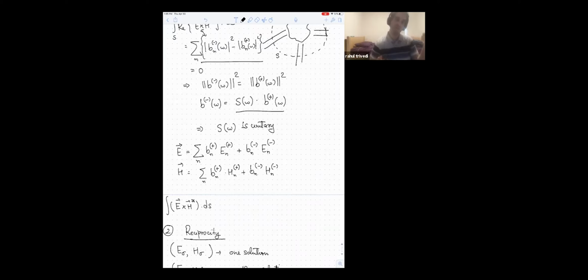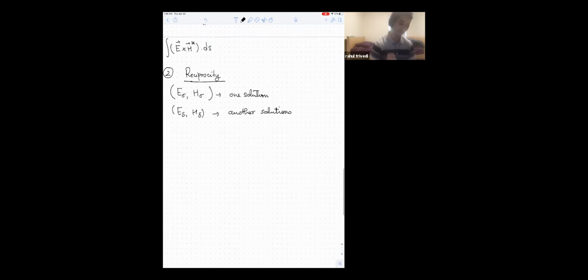One solution is if you excite the first waveguide with some incident field and look at the total field. Another solution would be if you excite the second waveguide with some incident field and look at the total field. So you're looking at two different solutions of Maxwell's equations.